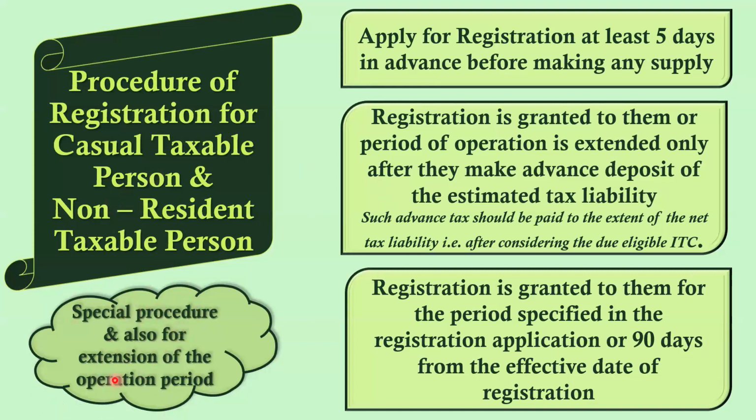The special provisions are required for the extension period if it is required by the casual taxable person, only and only if it is required, and also for the non-resident taxable person. So, in all of the cases, CTP and NRTP, one has to apply for the registration 5 days earlier only.